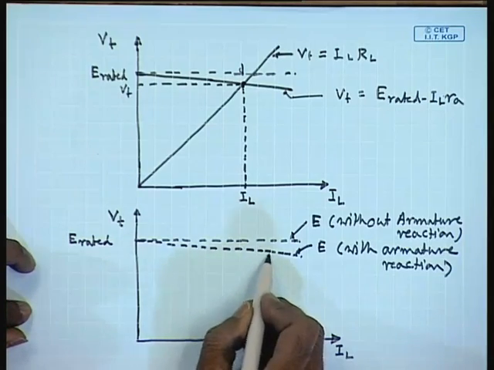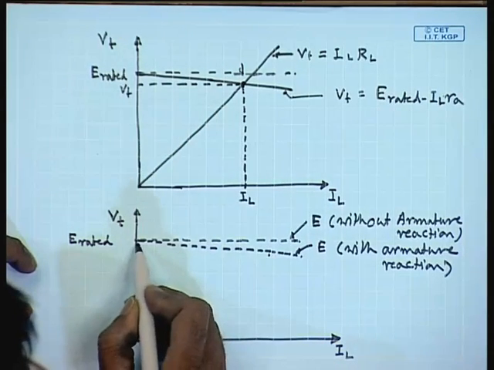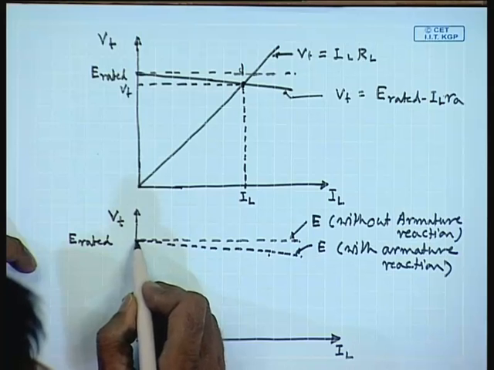On top of this, there will be a drop due to armature resistance.